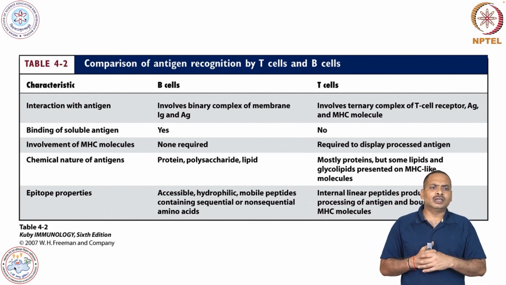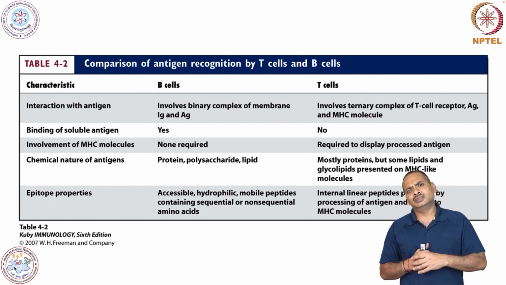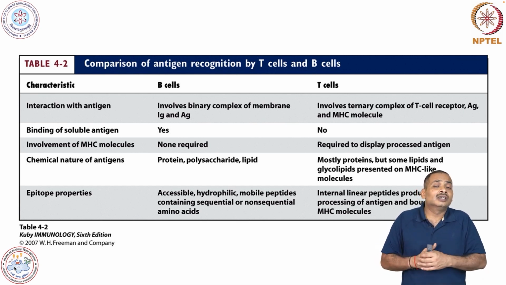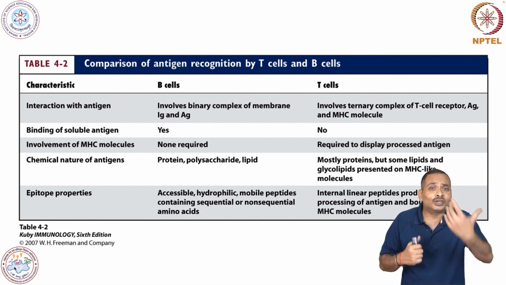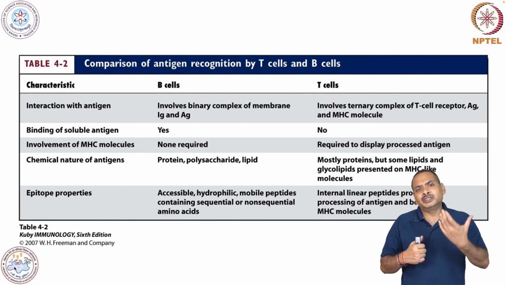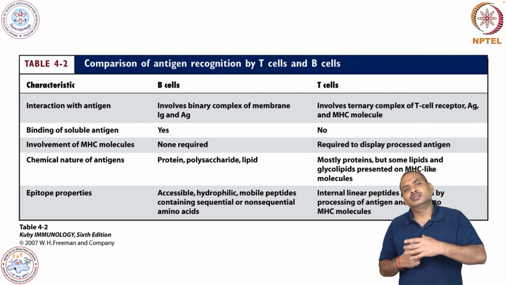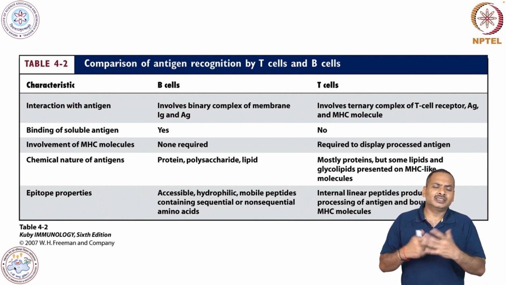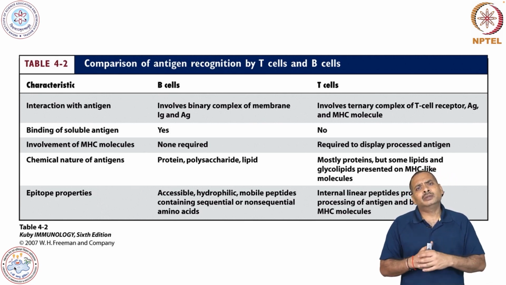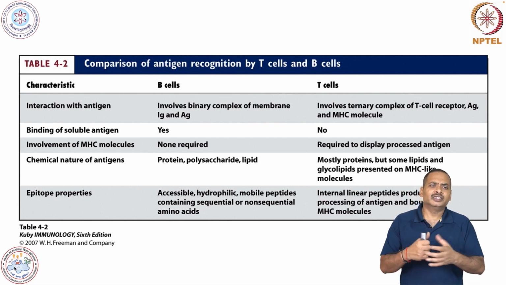Binding of soluble antigen: yes, B cells can bind soluble antigen, but in the case of T cells it is not at all true. T cells only see processed antigen along with MHC molecules on cells, either antigen presenting cells or MHC class 1 expressing cells, any nucleated cells.